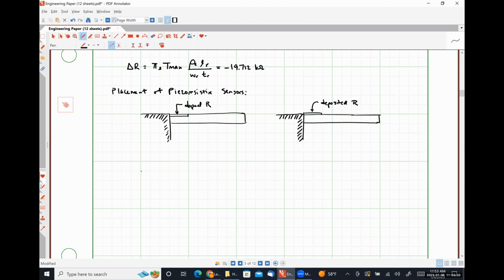So bad designs would look something like this. We're going to have our exact same beams, but for our doped case, the thickness of our piezo resistor has crossed the neutral axis, which once again means that some portion of the piezo resistor is under tensile stress, some portion is under compressive stress, and we have canceling out of those effects, which means our device overall has decreased sensitivity.